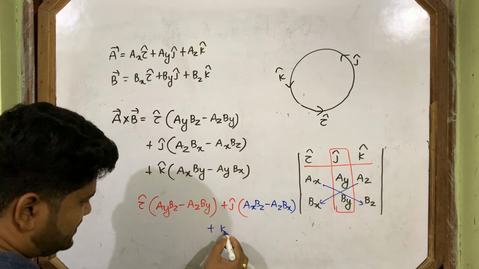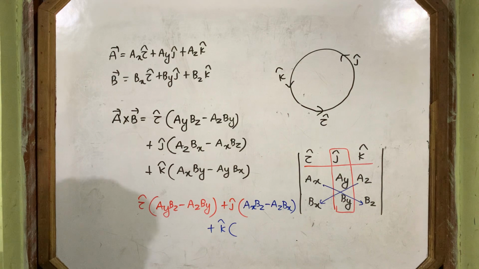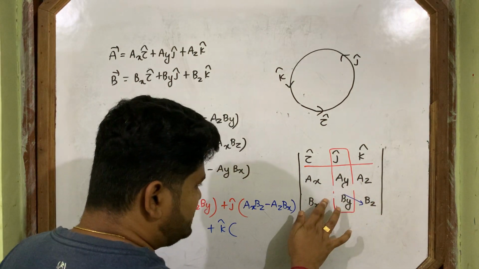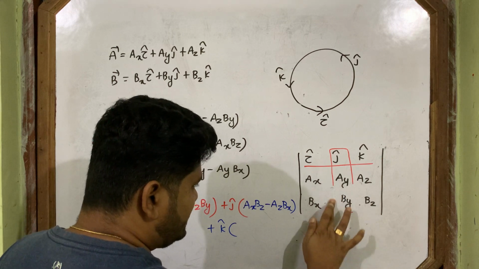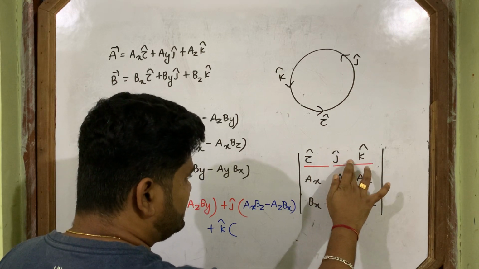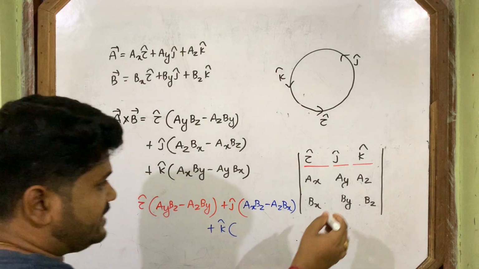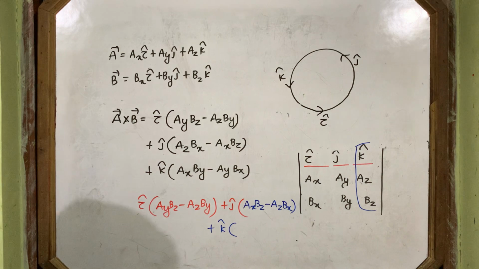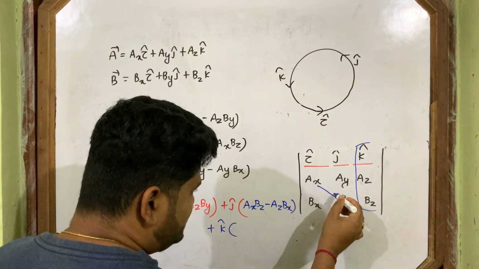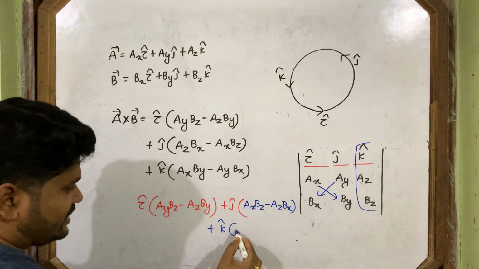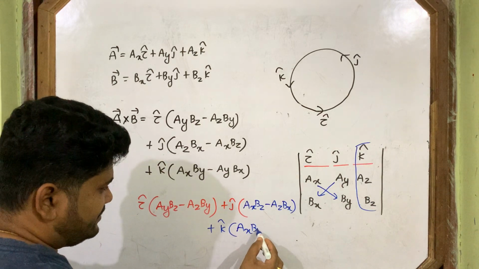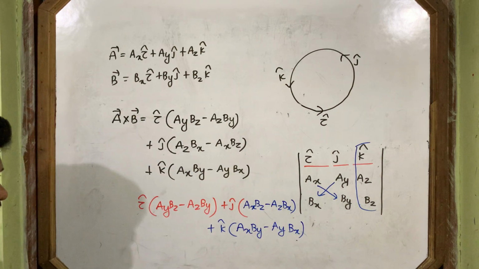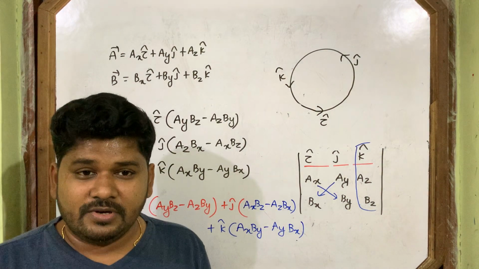Then plus K cap. Now when K cap comes, again I'm erasing this, you see. Now you hide this column. What are you getting? So this to this and this to this. So AX BY minus AY BX. Hope you got your formula.